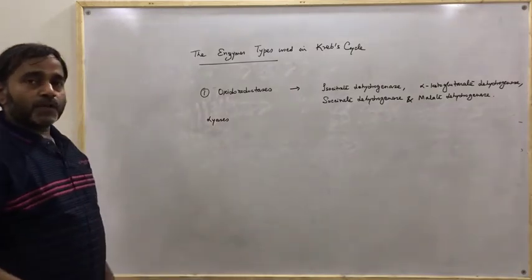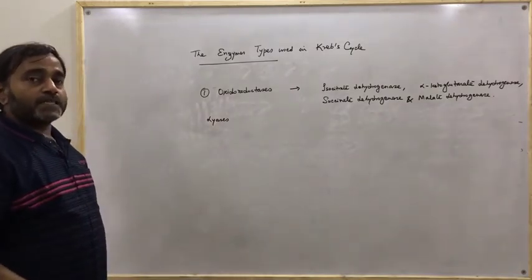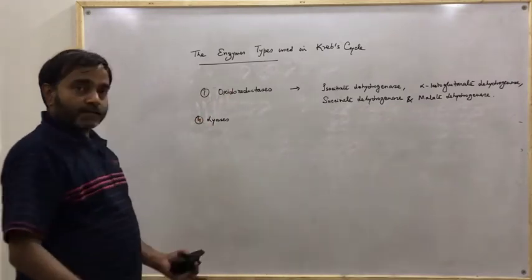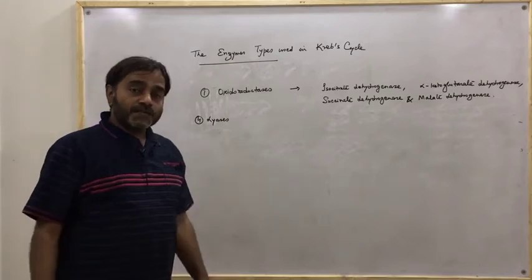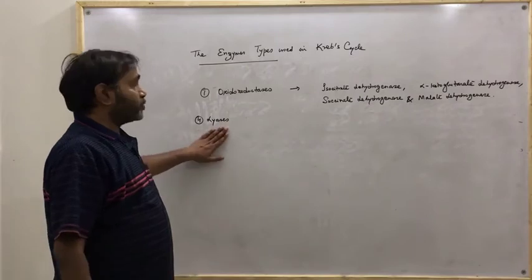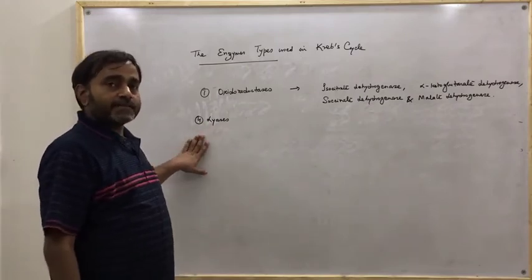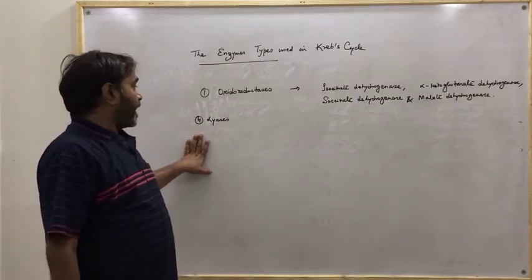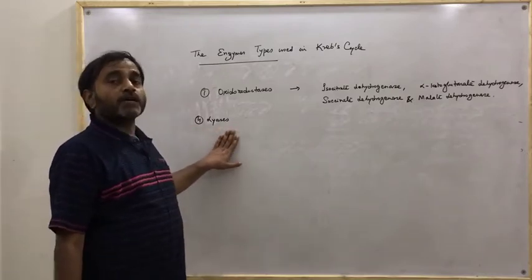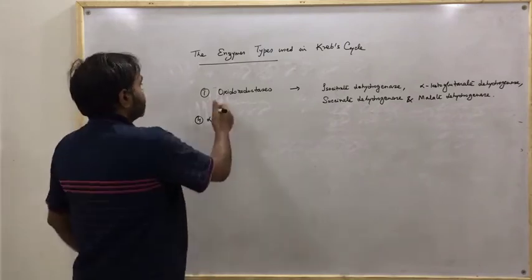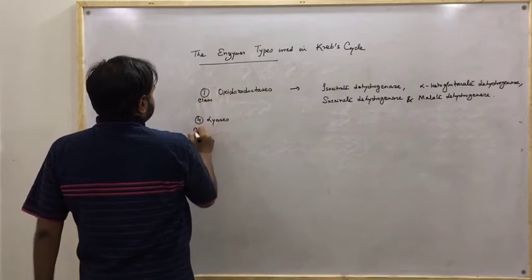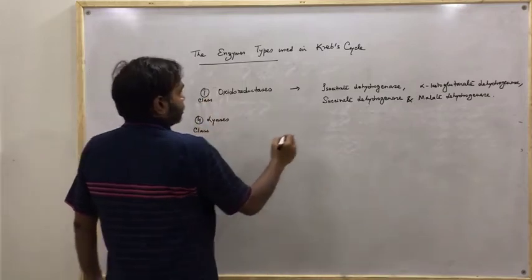The lyases belong to the fourth type, because the first is oxidoreductase, the second is transferases, and the third is hydrolases, while the fourth is lyases. After lyases we have isomerases, and the last type, that is ligases. So this enzyme is of class fourth. We should remember the class also.